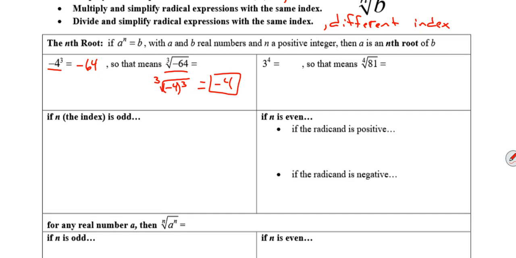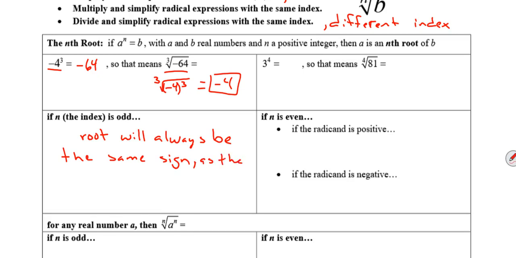Now, if the index is odd, then the root will always be the same sign as the radicand.